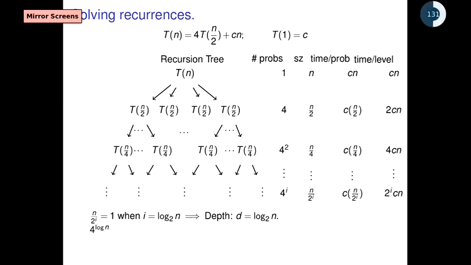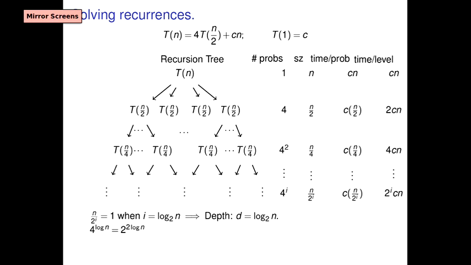So the total number of subproblems here is 4 to this number, 4 to the i at the base cases. That's how many base cases there are, how many leaves there are in your recursion.